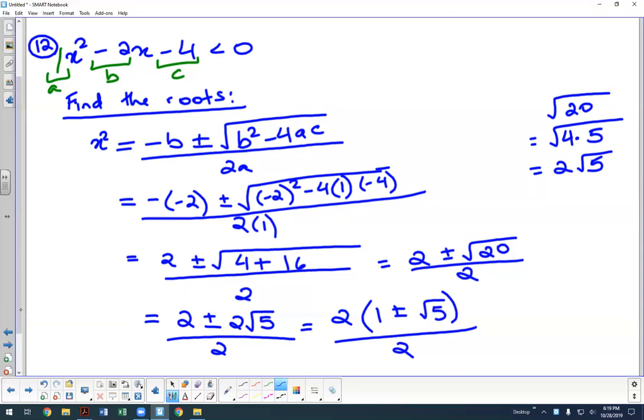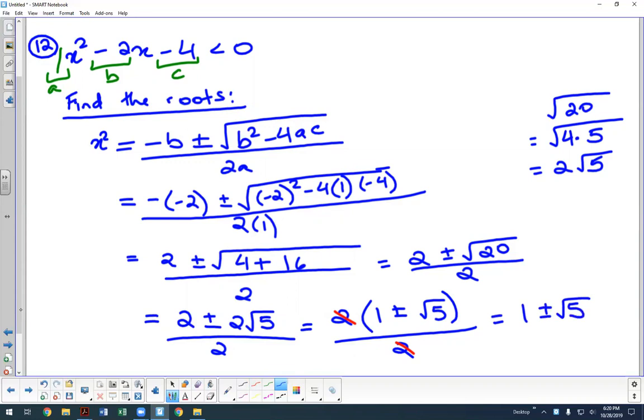So the reason I like to factor it out, so that you will remember that this 2 needs to go into the 2 in the front and the 2 with the square root of 5. So factoring actually helps you kind of take care of that. These guys will cancel each other out, leaving us with 1 plus or minus square root of 5.